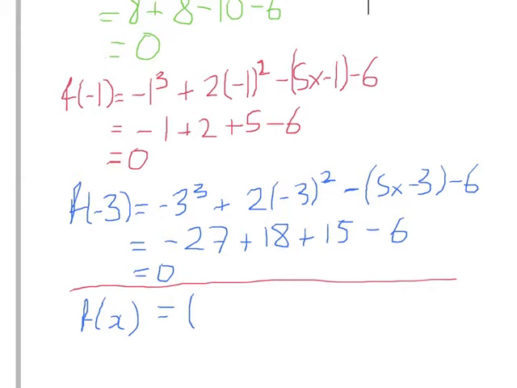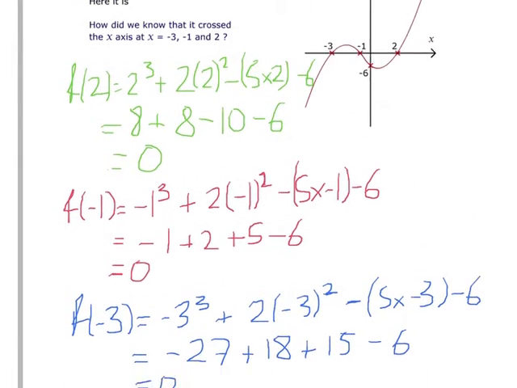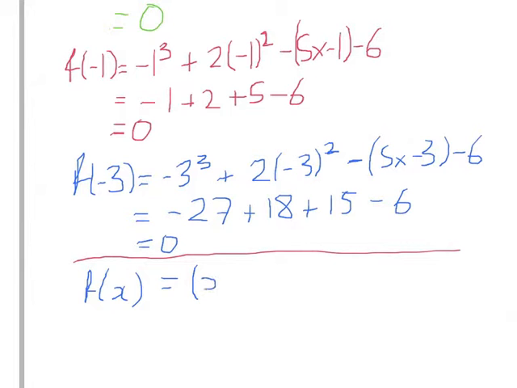So where it crosses at 2, in the bracket will be x minus 2. Where it crosses at minus 1, it will be x plus 1. And where it crosses at x is minus 3, it should be a positive 3. Now the reason why it's the inverse sign is because remember when we put 2 into this one, we want to make that bracket equal to 0, because the only time you can get f(x) equal to 0 is if one of our brackets is equal to 0.